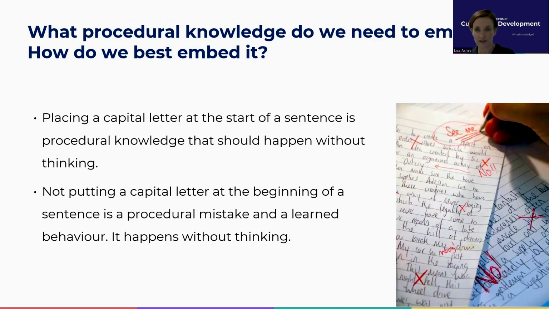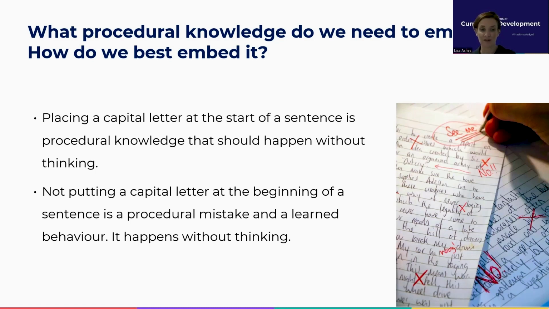Now, the students who have avoided using capital letters and full stops for the longest of times have actually learned the wrong procedural knowledge. And so it's their procedure to not use the capital letters and full stops. Placing a capital letter at the start of a sentence is procedural knowledge. It should happen without thinking.